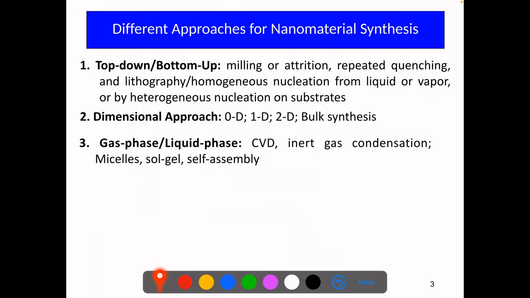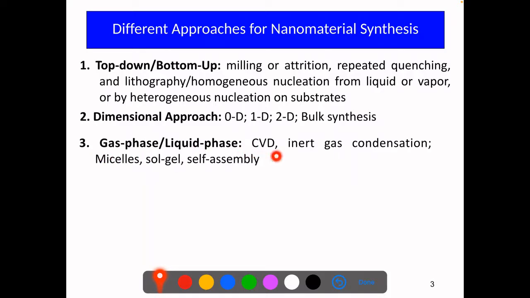Or you can take a dimensional approach and say, okay, I'm going to make a one-dimensional nanotube or a zero-dimensional quantum dot, or I'm just going to make a bulk synthesis in nano size. Or you can say, okay, I'm going to take a gas phase or liquid phase approach.